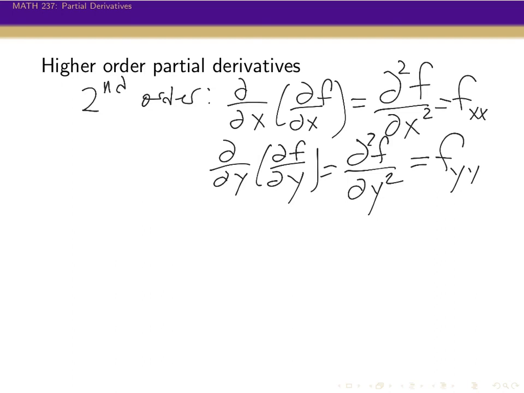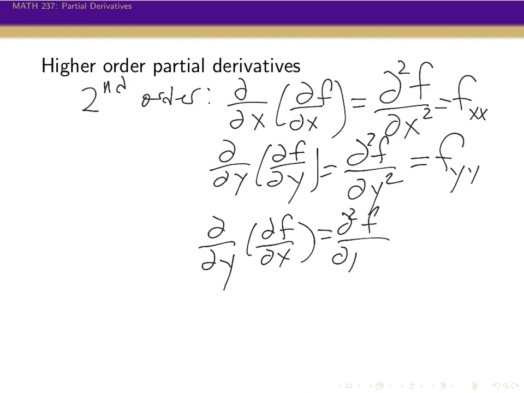But also we can mix these up. There's nothing stopping us from mixing these up. And so I can do the partial of y after I did the partial of x. And so we'd write this as, I took the partial of y of the partial of x. And so in this, we took the partial of x first.